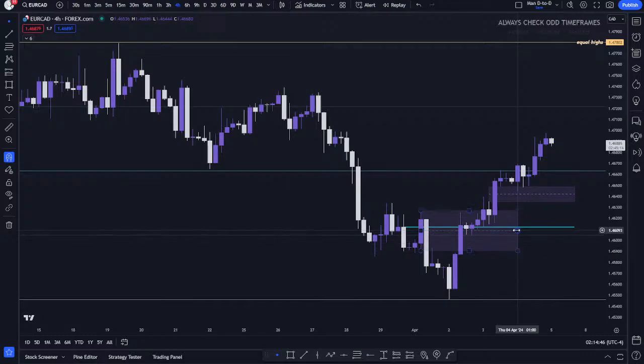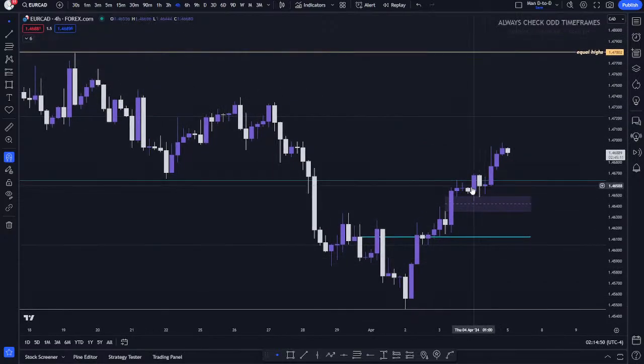And then if you miss that, of course, the second phase happens typically at the 50%, right? Or around the 50%. And we can see around the 50%, we touched it, but I like the fact that we closed above it, we displaced above it, showing me that this is a high probability market maker buy model.